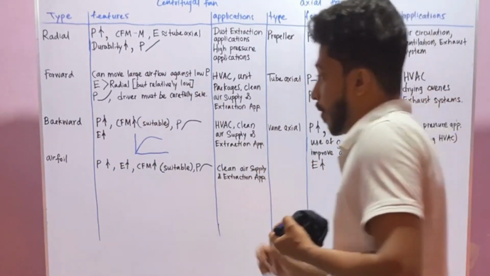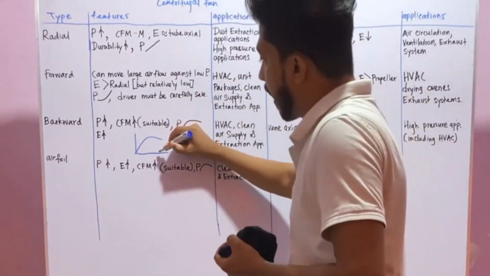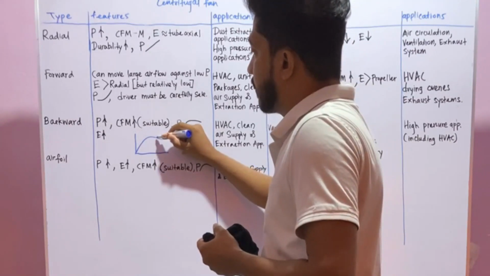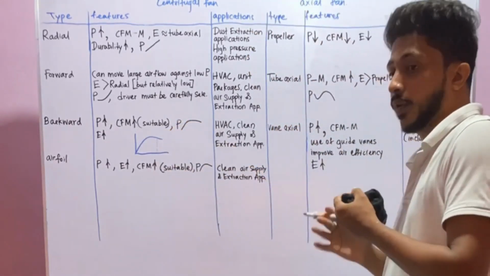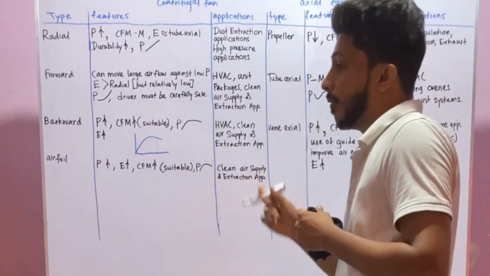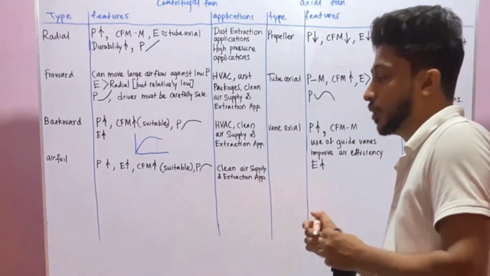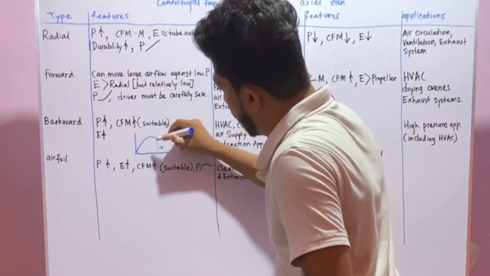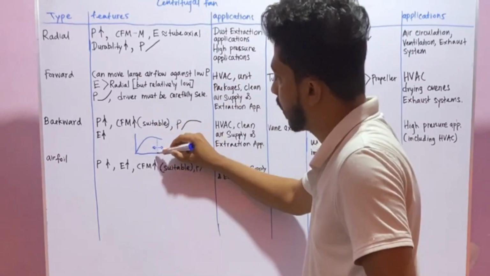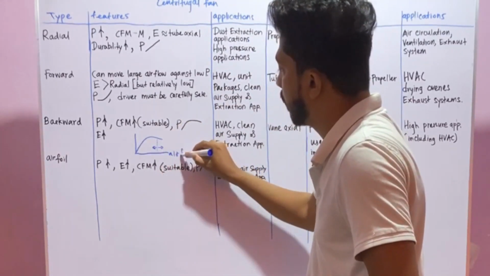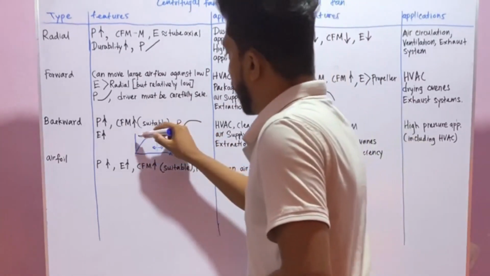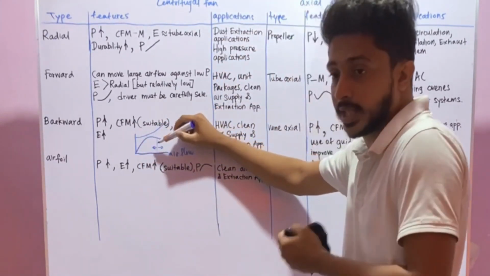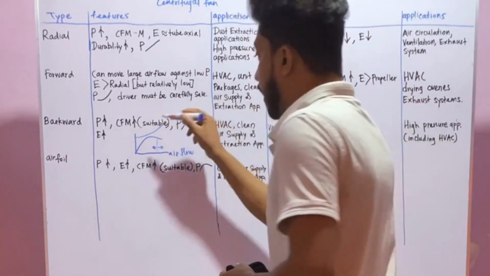So if we have a higher airflow application, and let's consider it does not have a certain airflow. Airflow can be changed, airflow is higher, and it is not a constant figure. This is the airflow. But if I consider the forward curve fan, if this airflow slightly changes, what happens?